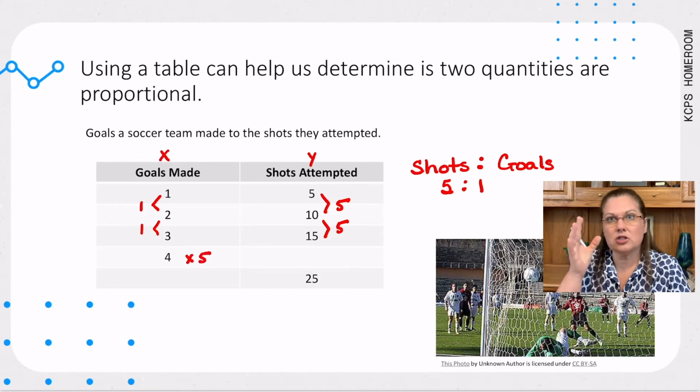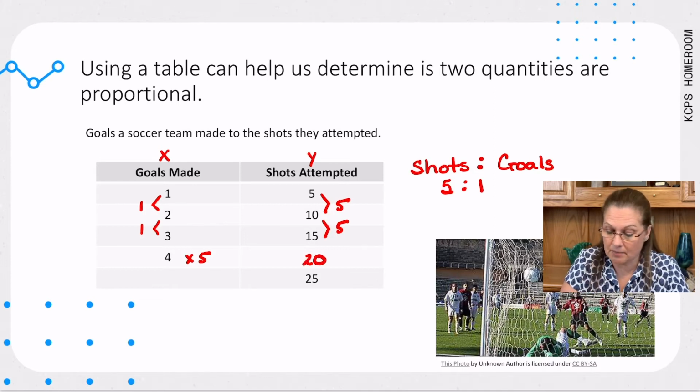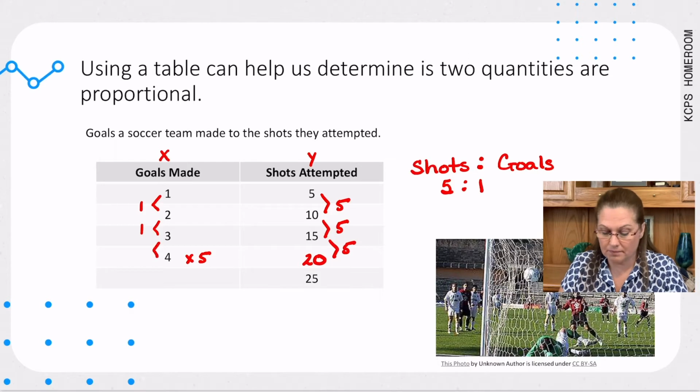Now we can check this to make sure our constant rate of change is the same. The difference between 15 and 20 is 5, and the difference between 3 and 4 is 1. So we still have our constant ratio.